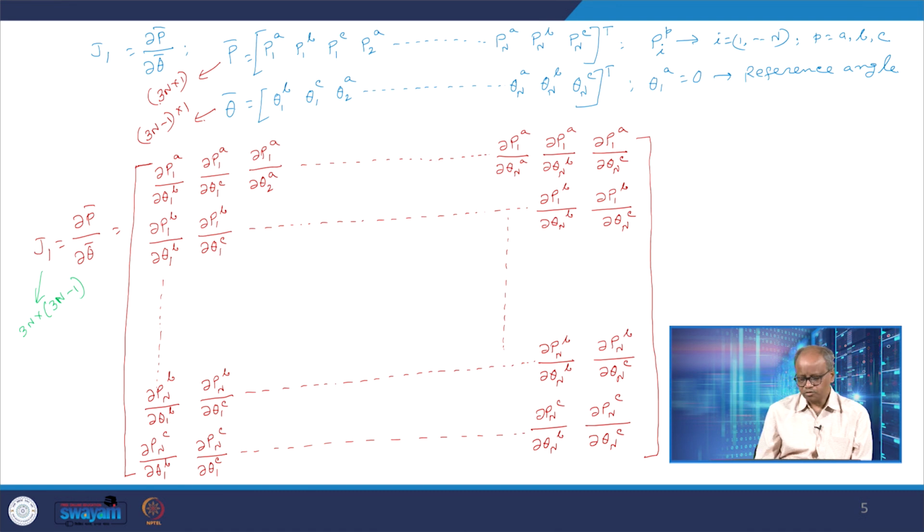Therefore it is a rectangular matrix, not a square matrix, for any value of n.